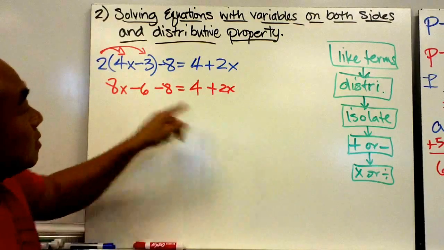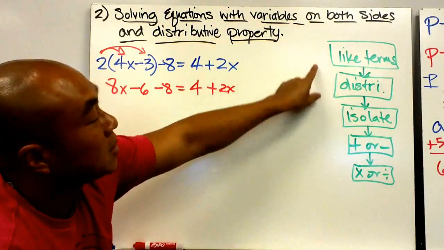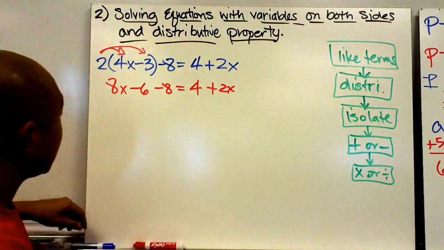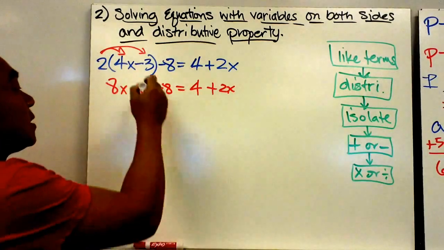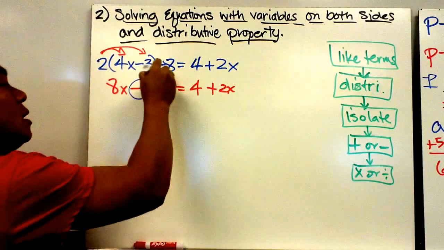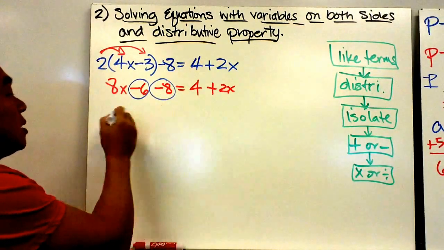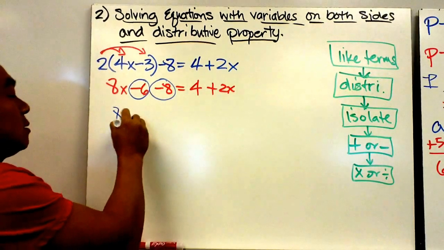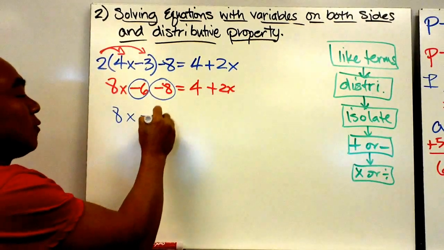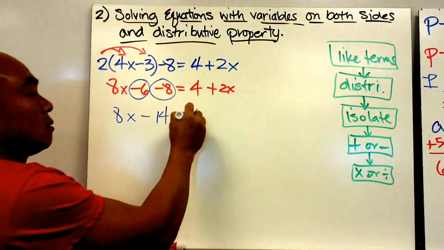And again, I'm still working on these guys right here. Like terms, distributive property. Our next step here, I do see 2 things that I can combine like terms. And again, notice that I did circle the negative signs in front. That now becomes 8x, and that's negative 14, or minus 14.